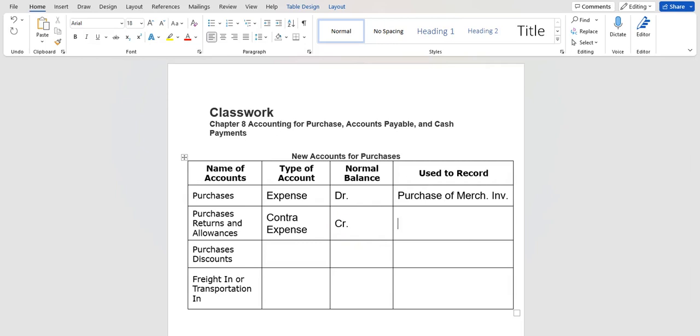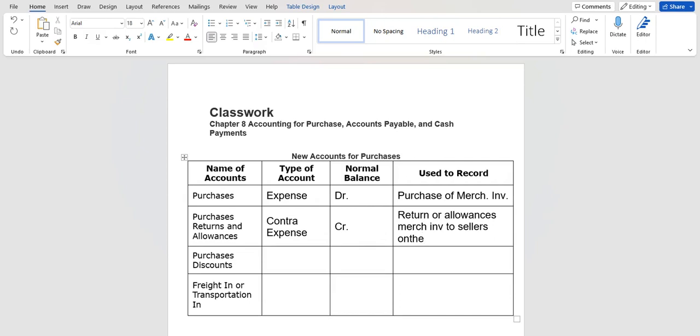All right, and then this account is used to record the returns or allowances of our merchandise inventory to sellers, and this is going to be on the buyer's books.